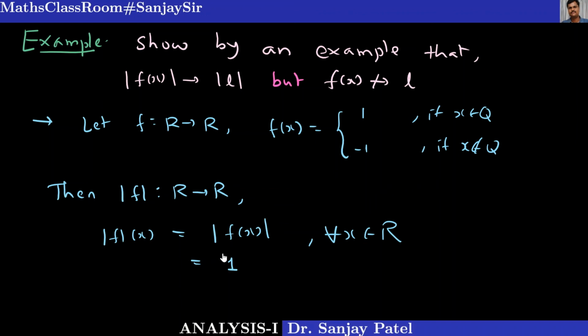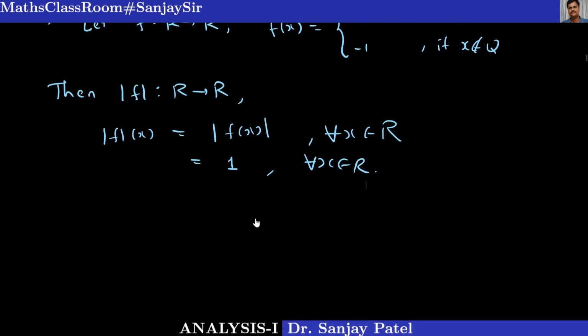So minus 1 will also give us plus 1. So this is true for every x belongs to R. And as a result of this, mod f is a constant function in this example.